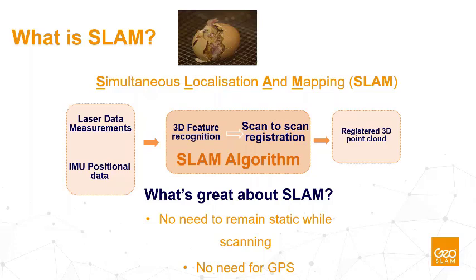These data together are processed in a SLAM algorithm. The SLAM algorithm is of course a very sophisticated issue which we are not talking about in detail, but it needs features, it needs objects. The more objects you have around, the better that technology works.